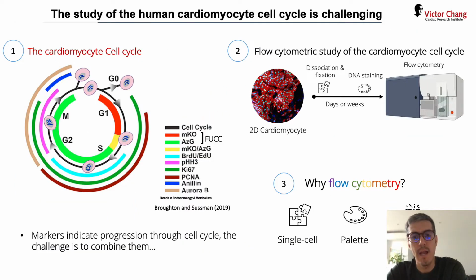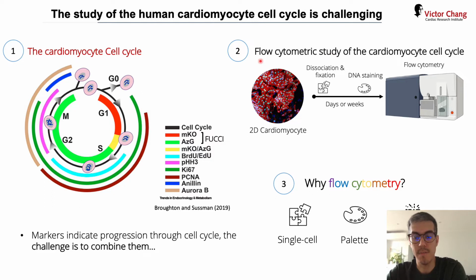However, studying the human cardiomyocyte cell cycle is challenging and complex, and therefore its behavior and progression remain elusive. Ultimately, the challenge is to combine several cell cycle markers to better understand and map its complex progression. Here is where flow cytometry fills the gap.